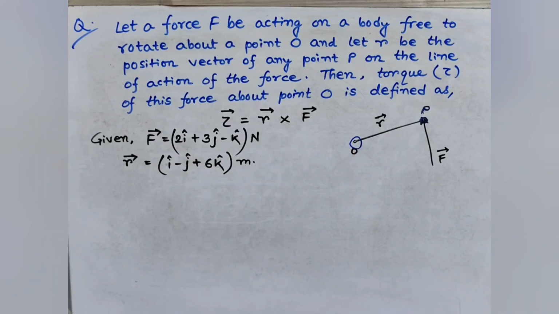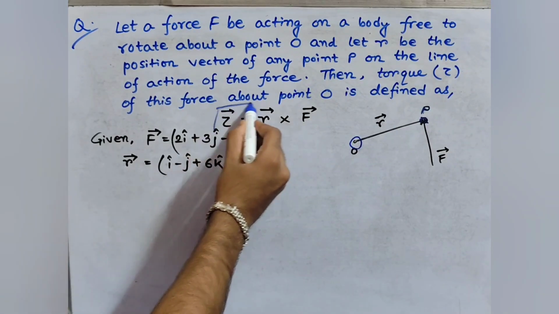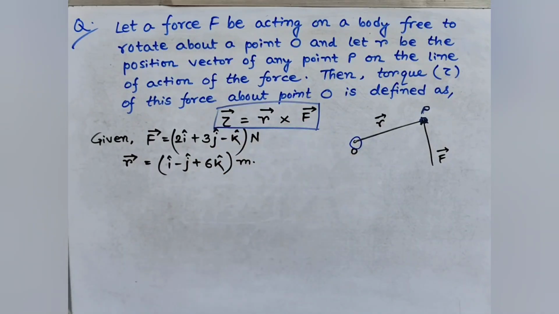Then the torque, represented by the tau symbol, of this force about point O is defined as, you will know this formula in the rotation chapter, tau vector equal to R vector cross F vector. Now our motto is to solve cross products, or to learn cross product.